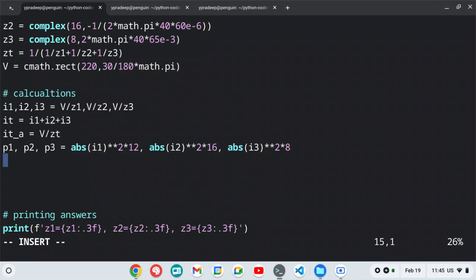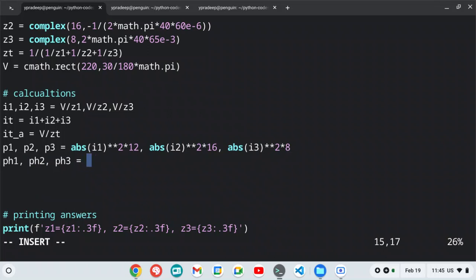What else? Phases. Phase of I1, phase of I2, phase of I3. There are some questions, find out phase difference between 1 and 2, something like that. How do you get the phase of an angle?